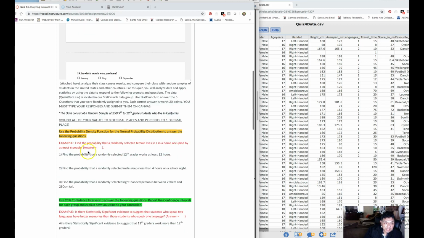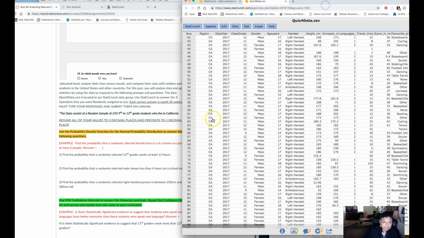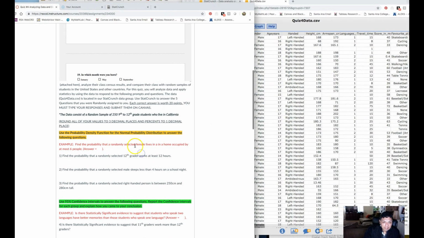I want to do examples here for you so you have an idea of how to isolate the data. The first question: find the probability that a randomly selected female lives in a home occupied by at most 6 people. Keep in mind what the question is. I need to isolate the females and find out how many people live in their home.